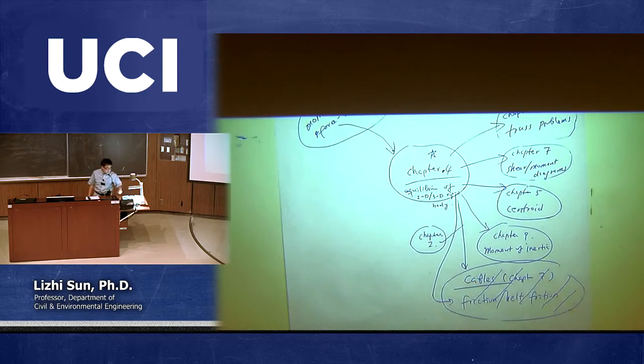So you don't need to worry about this. I just gave you some introduction about those specific structures. One is the cable, and the other is belt friction, and how you calculate those friction forces. But these two parts will not be covered in the final exam, and I didn't give you any homework questions either.